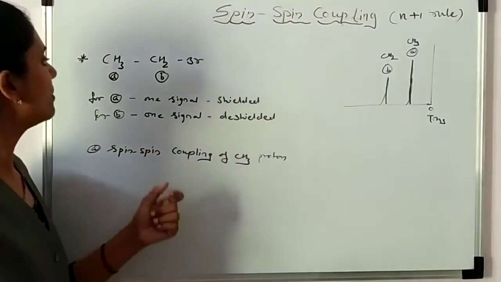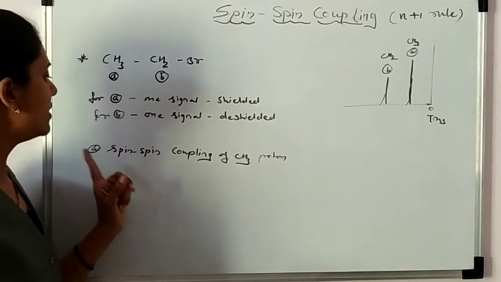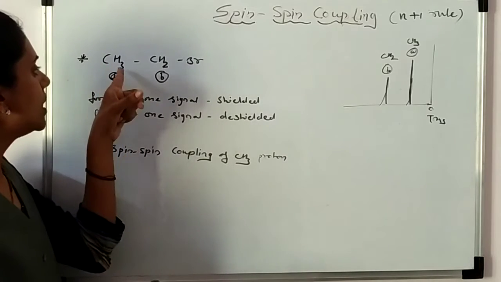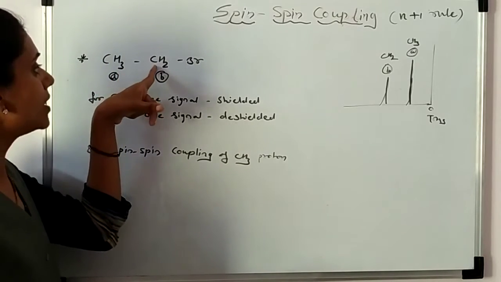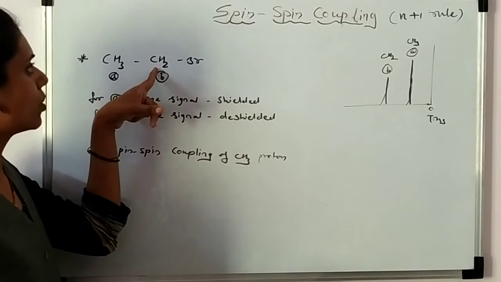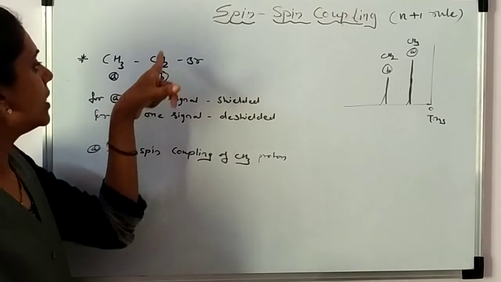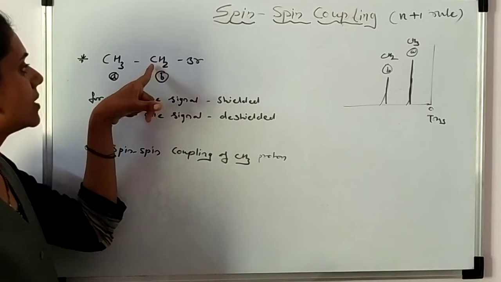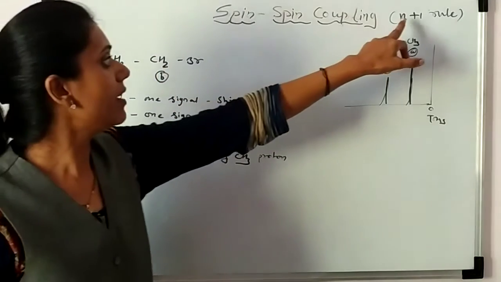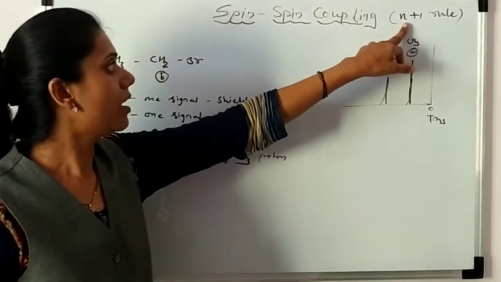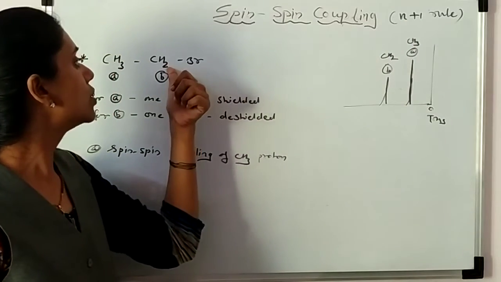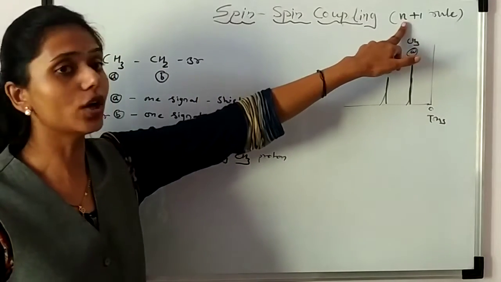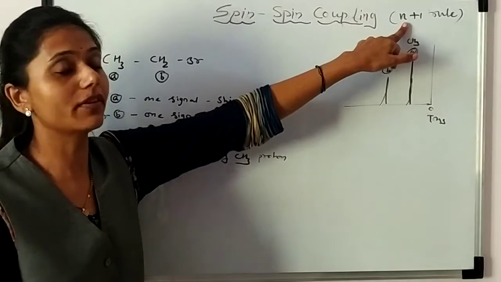What is the n+1 rule? When we study spin-spin coupling, these protons are coupled with the adjacent non-equivalent protons. How many adjacent protons are there? 2. That means the n value is 2 here, since n is for the adjacent non-equivalent protons.